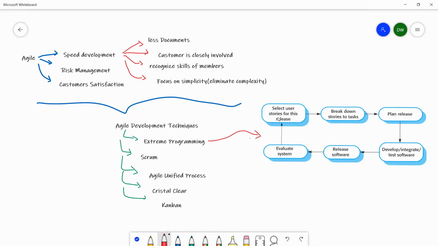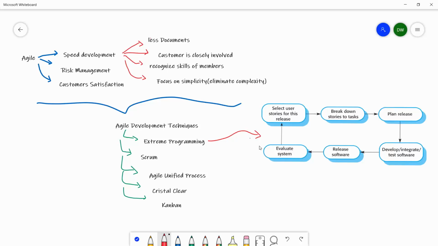Right? So here we have something called story cards. You know that when we have a software to be developed, we have to gather requirements at the beginning, right? When we gather requirements, we identify that there are a number of tasks to be done.